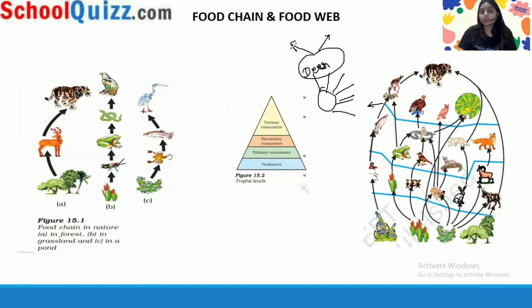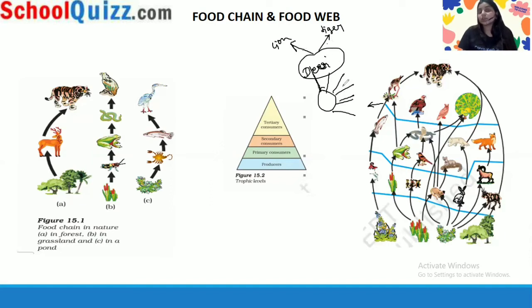So this is the food for many other organisms, like lion or tiger. It will not create a different chain, like this deer will be eaten only by the lion. But in the food web, this will be eaten by the lion or the tiger.